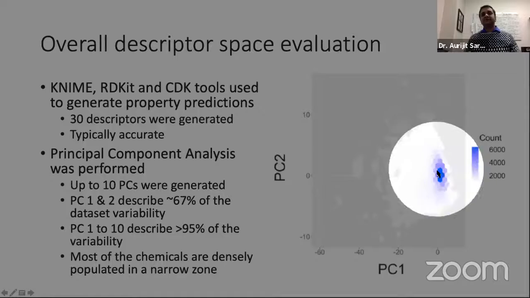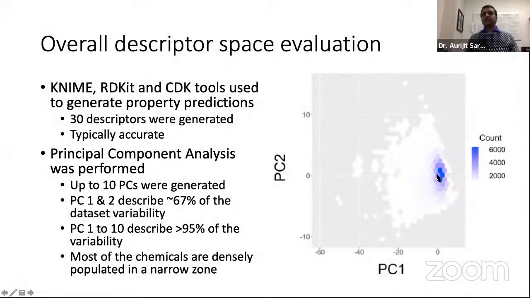This space over here, which is blue in color, is roughly 6,000 or more chemicals per hexagon.